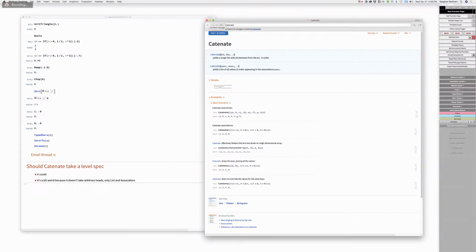Right, and the other thing it does is it extracts the values of associations. So Catnate of an association doesn't return an association. I guess I've never tested this, can you combine a list of lists and associations? So if in that first example, you change one of those to be an association, will it still work?